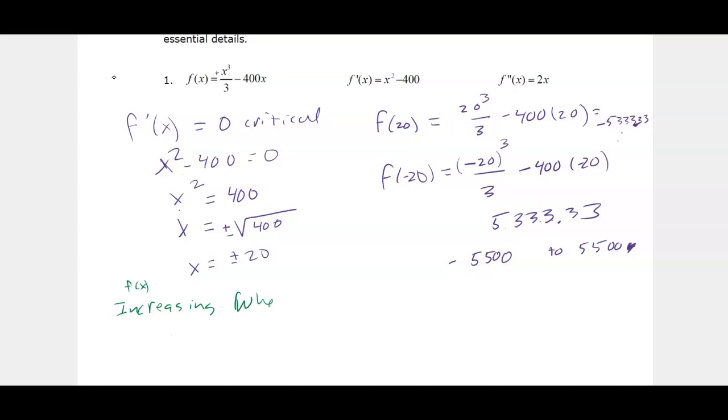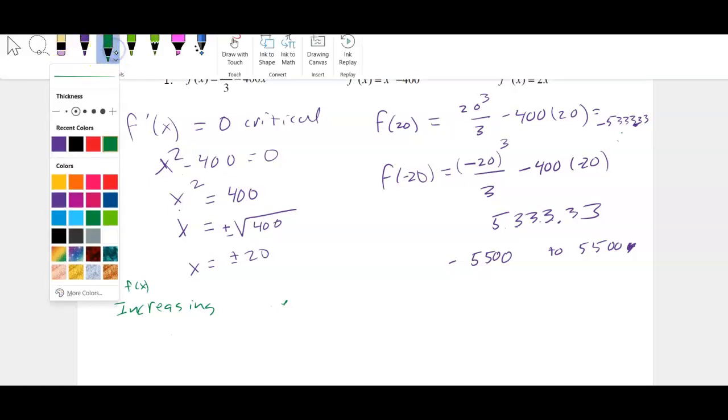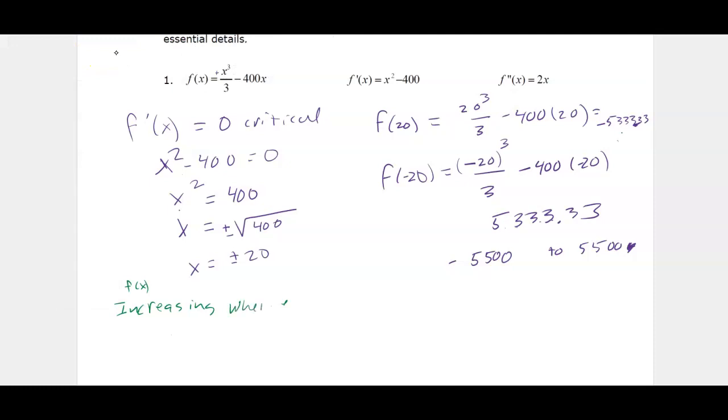The function is increasing where f prime of x, the first derivative, is positive, and it's decreasing where f prime of x is negative.